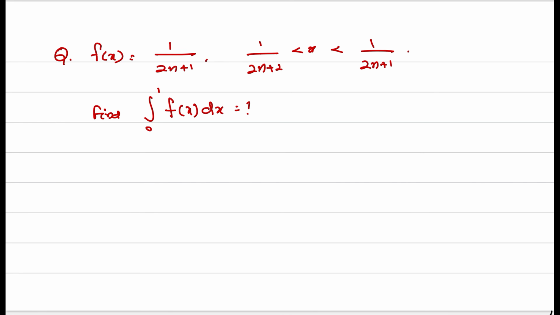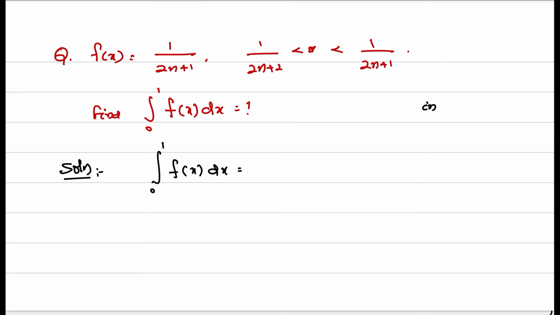Let us please try to understand the concept. Let us take what is to be found: the integral from 0 to 1 of f(x) dx. What is integral? The concept of integral is sum.